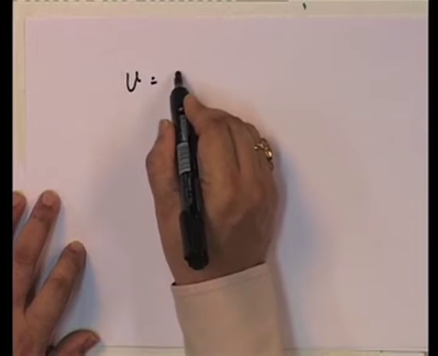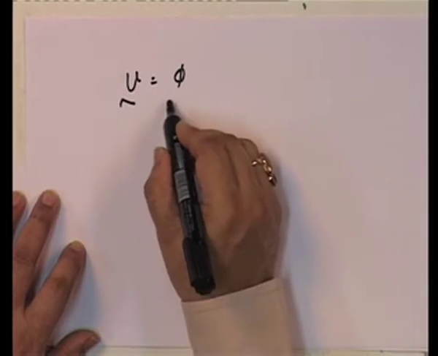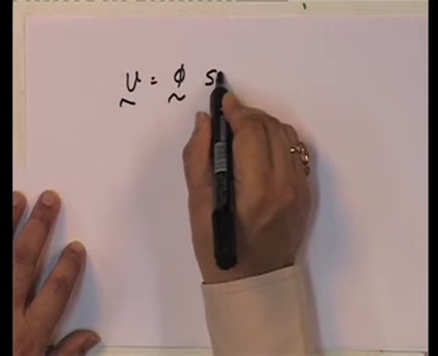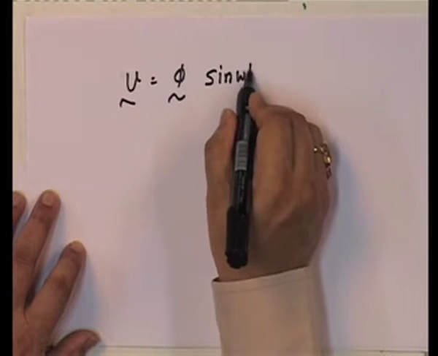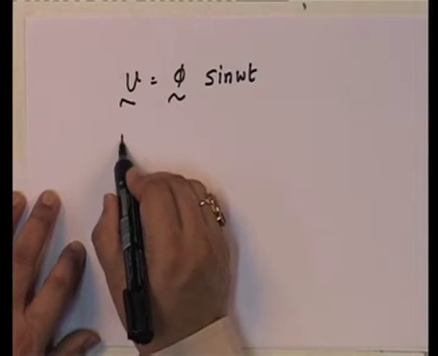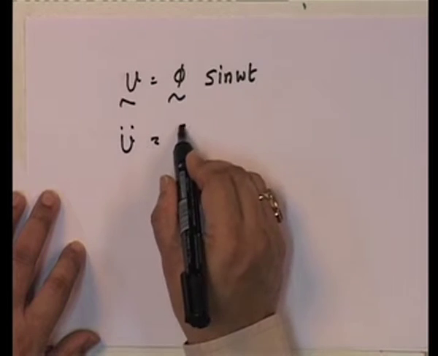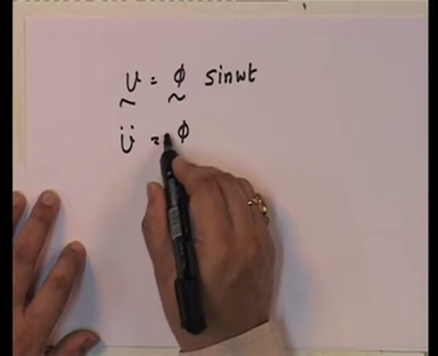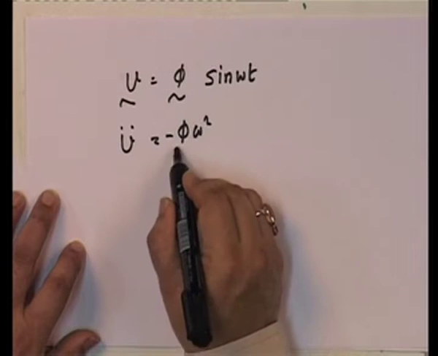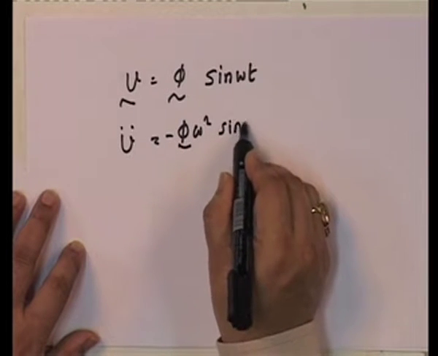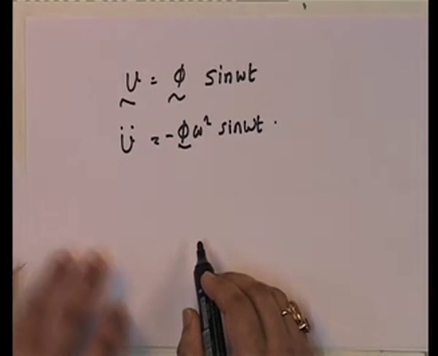I get V is equal to the displacement. So, V double dot is equal to minus phi omega squared sin omega t.